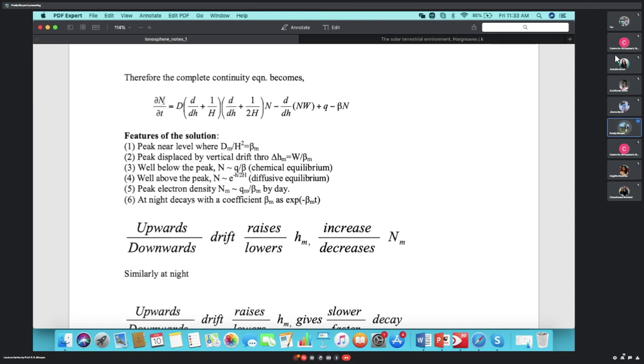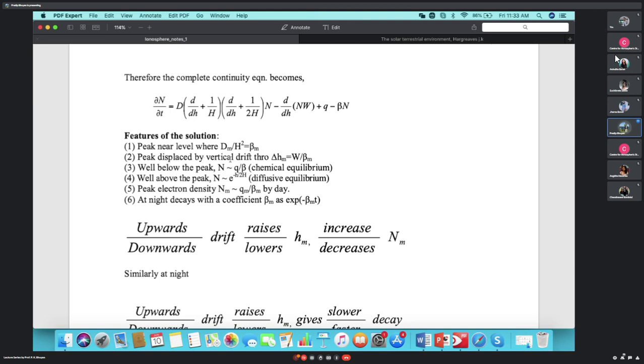So you put 0 here, and if you can solve this equation, we will find, as already shown, that D_m by H squared is equal to beta_m. m is the subscript which signifies the maximum. So D_m is your diffusion coefficient at the maximum, and beta_m is your loss or recombination coefficient at the maximum.